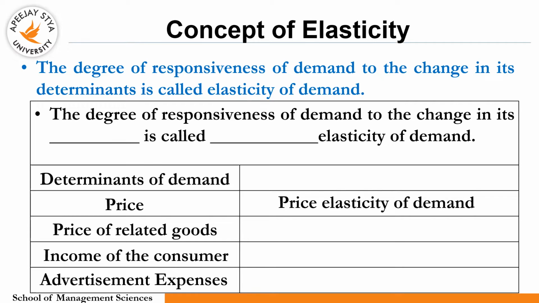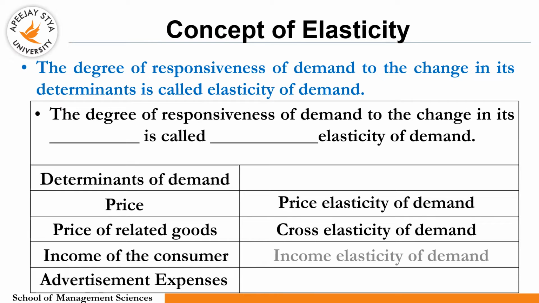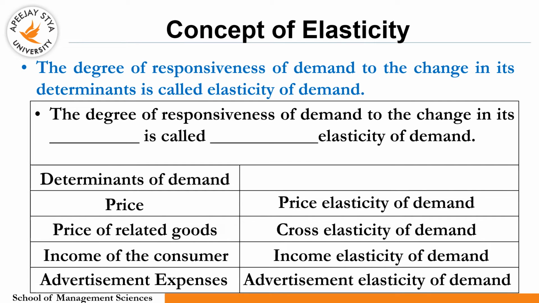If that determinant is price of related goods, it will become cross elasticity of demand. If the determinant is income of the consumer, it will become income elasticity of demand. And if that determinant is advertisement, it will become advertisement elasticity of demand. For example, we can say the degree of responsiveness of demand to the changes in the prices of related goods is known as cross elasticity of demand.